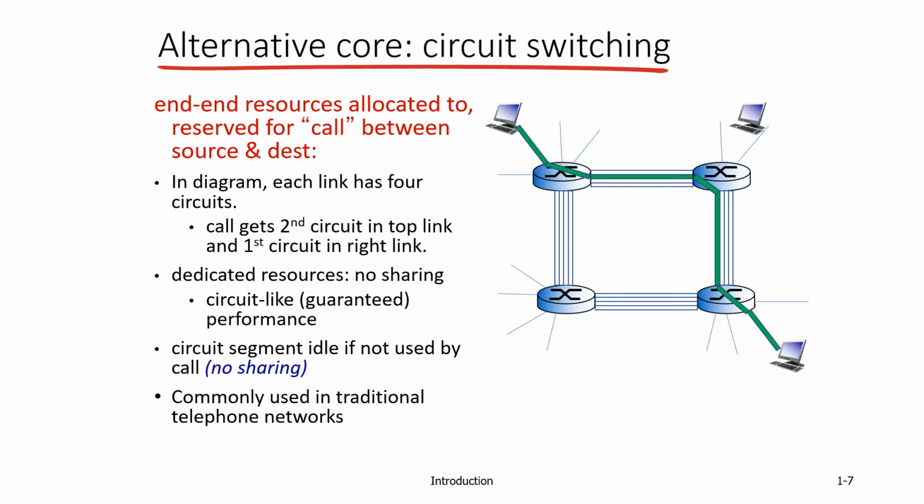In the example shown, you can see that the call between the top left and the bottom right computers takes on the path of the second link on the first strand and the first circuit in the second strand.